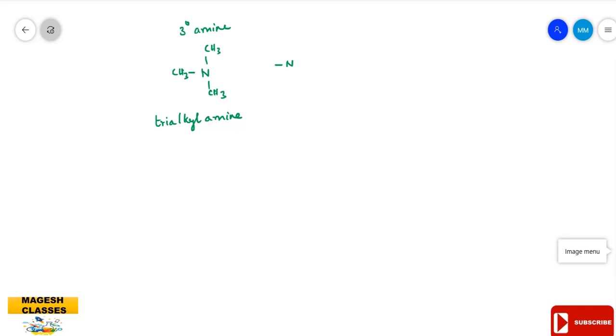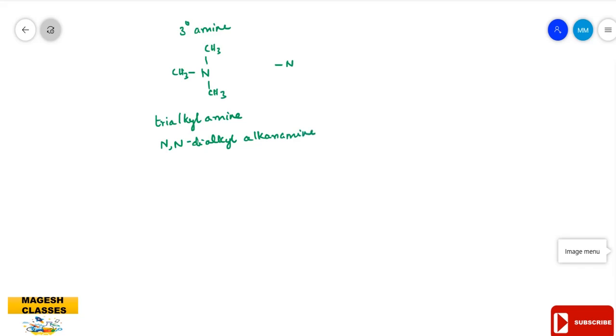In the IUPAC name system, one is considered as the alkane part, and the two remaining are considered as N-substituted. So you can write N,N-disubstituted, that may be alkyl or aryl: N,N-dialkyl alkane amine. It is the general form.